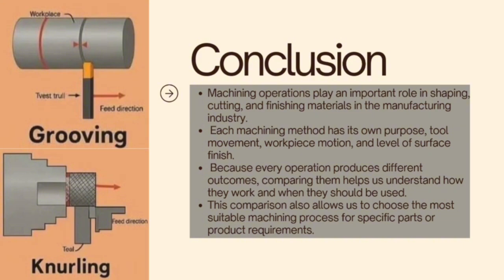By comparing these machining operations, we can clearly understand how they work, what results they produce, and which one is most suitable for a given situation. This comparison also helps engineers and operators make better decisions when choosing the right machining process for a specific part, ensuring better quality, efficiency, and performance.